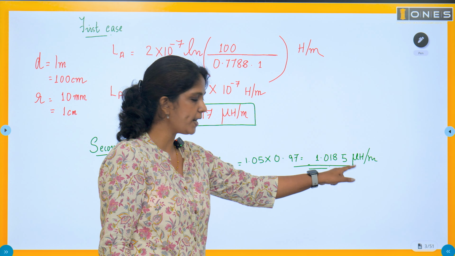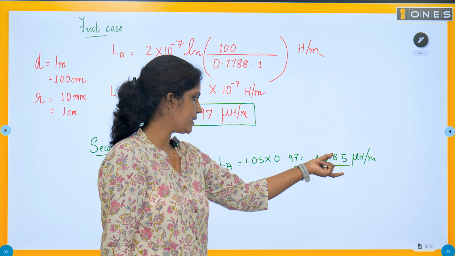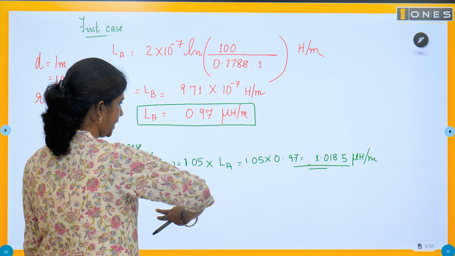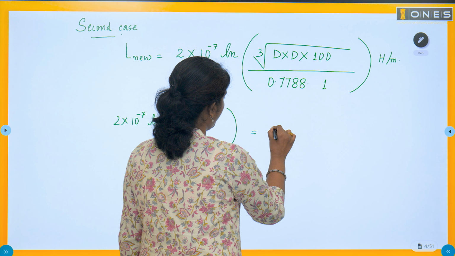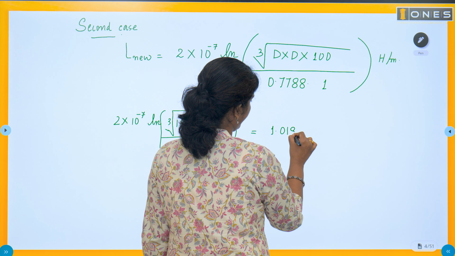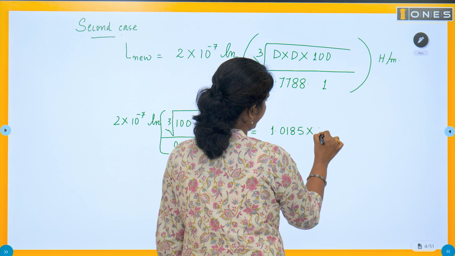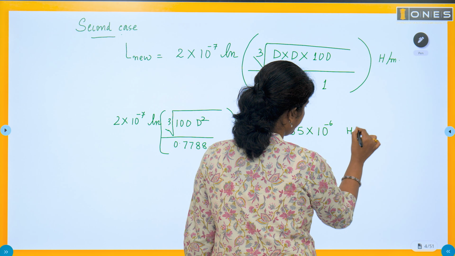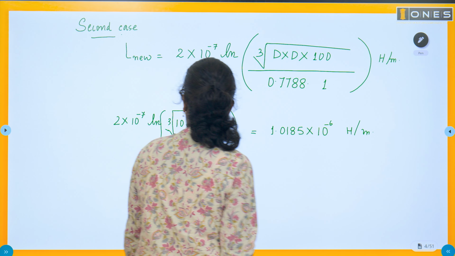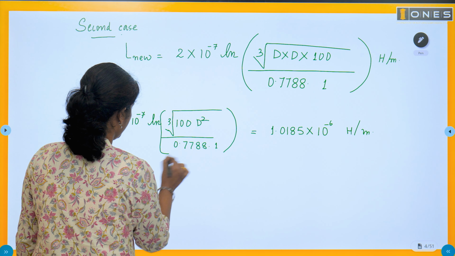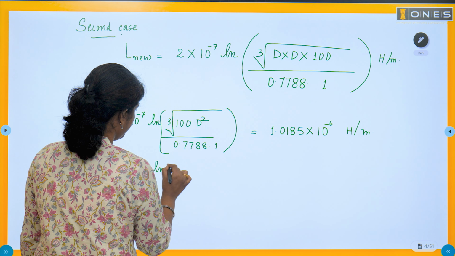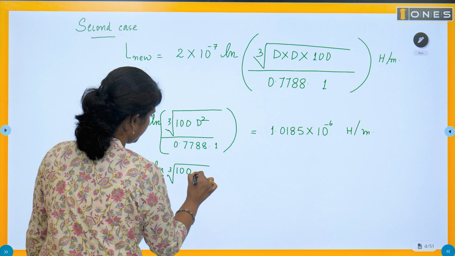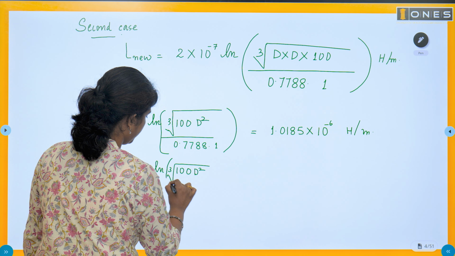We have to convert microhenry per meter to henry per meter, the standard unit. So it is 1.0185 into 10 to the power minus 6 Henry per meter.